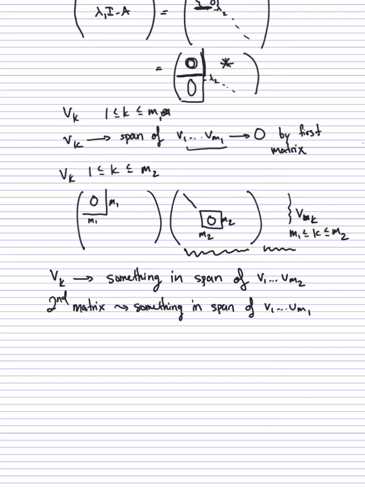And that's because what this is doing is exactly killing off all the later terms. This corresponds to the Vm1 through Vm2 block, and that goes to 0. So something is just in the span of the vectors between V1 and Vm1, and therefore what this means is that the first matrix sends this to 0. By the same argument as above.